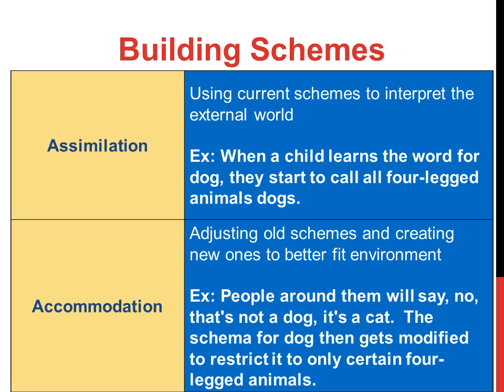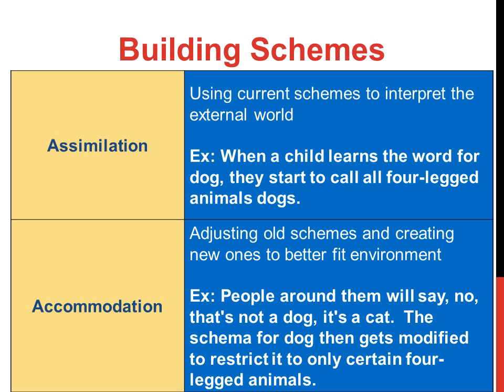So you can probably see how sometimes there will be errors, right? What if a child encounters a cat and they see the cat and they call the cat dog because according to their schema, all things with four legs are dogs. That is where the process of accommodation comes in. So with accommodation, you have to change, you have to accommodate the old schema and create a new one to fit, to accommodate the new information that you're learning.